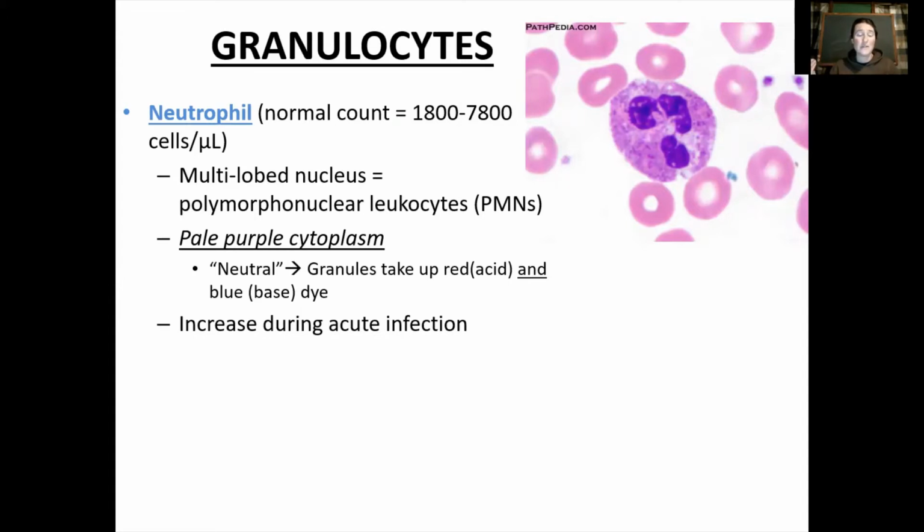One of those types of substances can invade our body. So it breaks through our skin, it's in our lungs, and essentially these neutrophils are the first ones on the scene, and they're going to start killing individual pathogen cells. Okay, so if you are fighting an acute infection, chances are your neutrophil count would be increased.